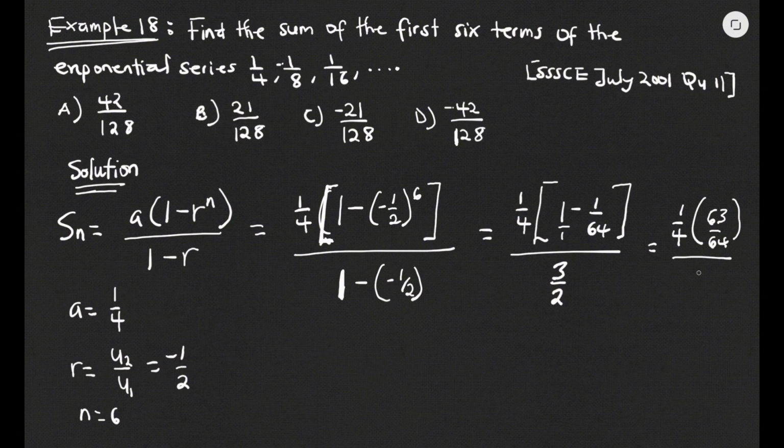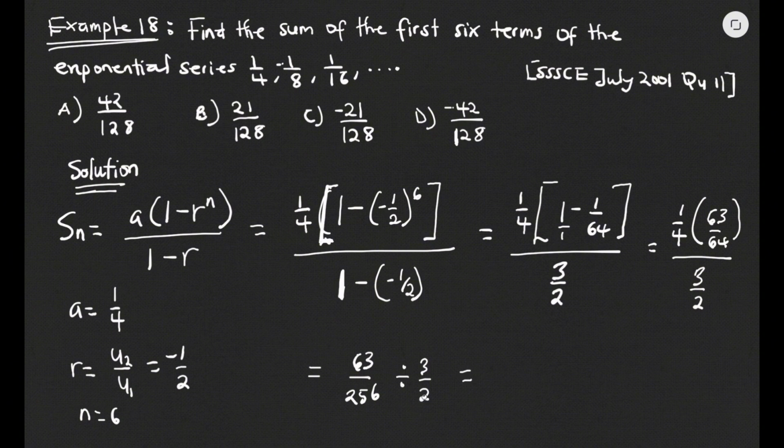All right, so let's proceed. Divided by 3 over 2 as usual over here. So this is equal to, if I multiply all the things that I have at the top, 1 multiplied by 63 will give me 63, and 4 multiplied by 64 will give me 256. So I have 63 over 256, then the division sign, and then 3 over 2.